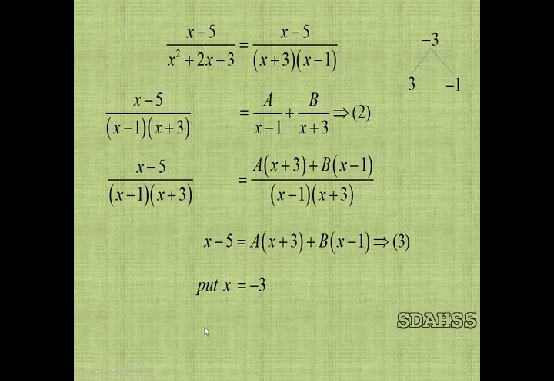So this third equation becomes minus 3 minus 5 is equal to a into, if you substitute x is equal to minus 3, a term vanishes, a into 0, plus b into, substitute minus 3 here, minus 3 minus 1, minus 4. Minus 3 minus 5, minus 8 is equal to minus 4b. Cancel both sides by minus sign. Then b is equal to 8 by 4. 8 by 4 means 2. b is equal to 2.